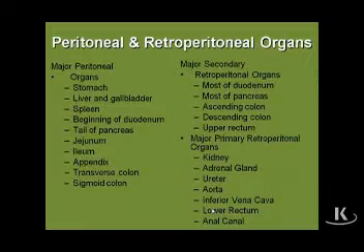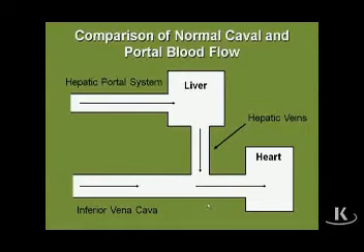Well, what happens to the blood that drains into the portal vein, and what happens to the blood that drains into the cava? So if we look at this slide, we can see that the blood that's draining into the inferior vena cava will, of course, drain directly to the heart, since the inferior vena cava empties into the right atrium.